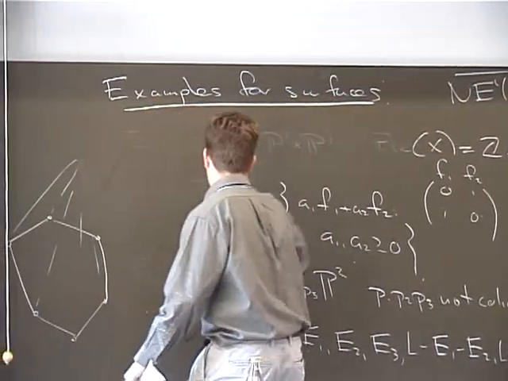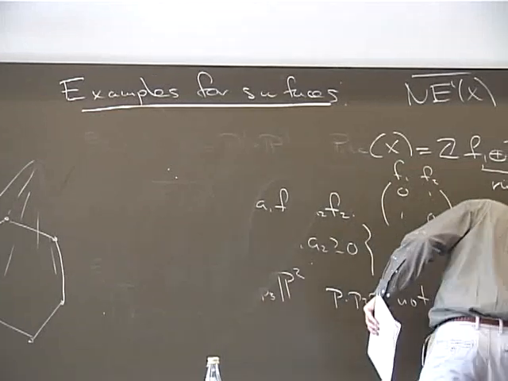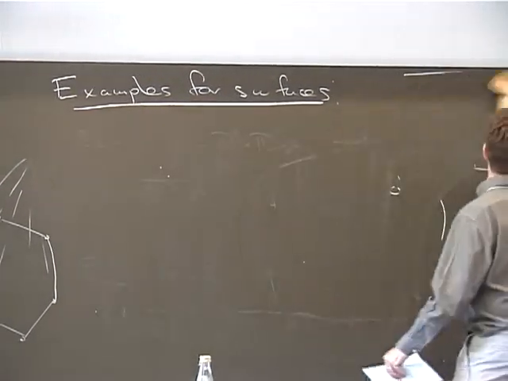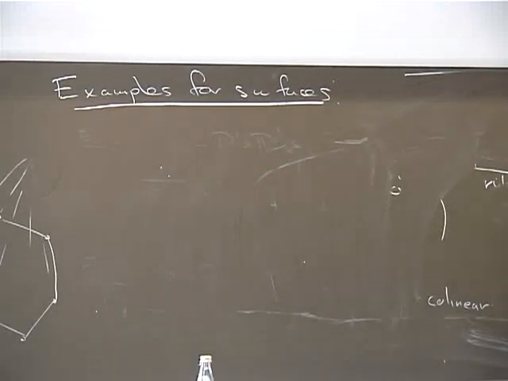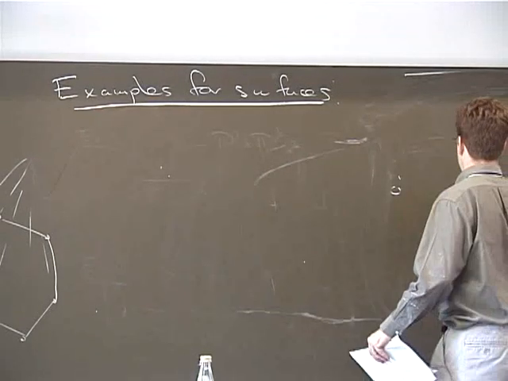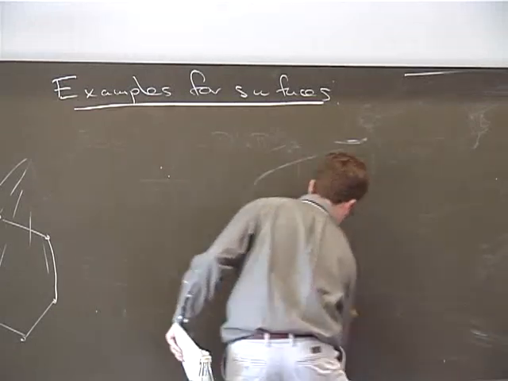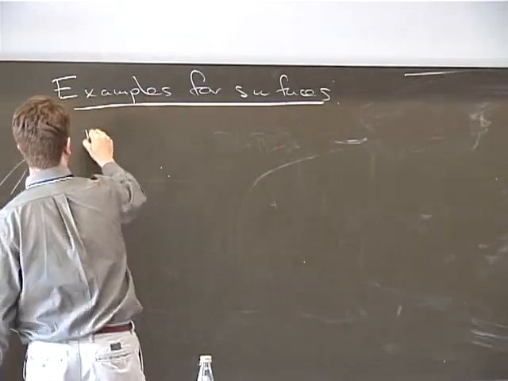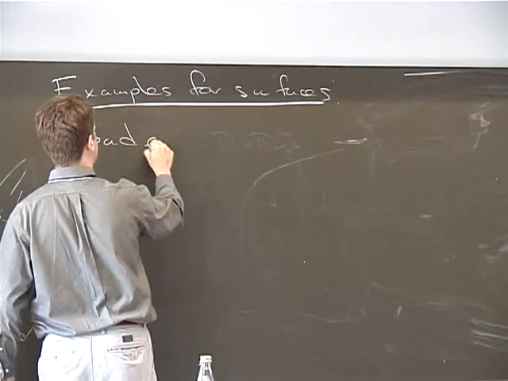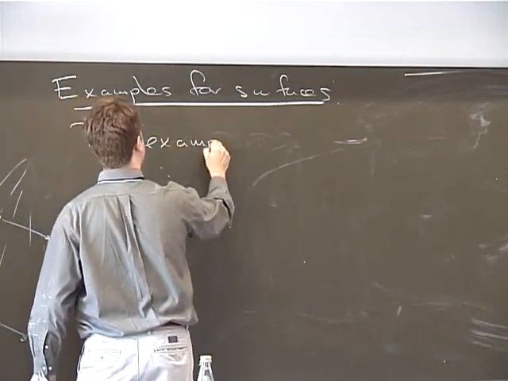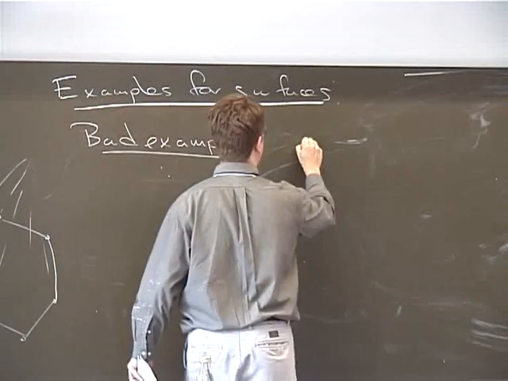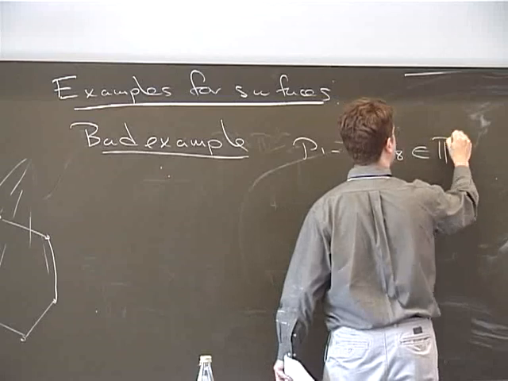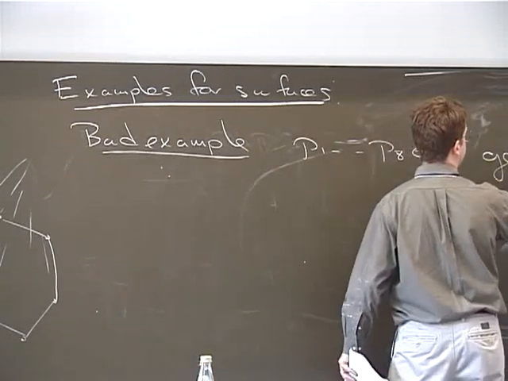So this is the last example. So here's a bad example. Let P1 to P8 be points in P2, chosen generally.